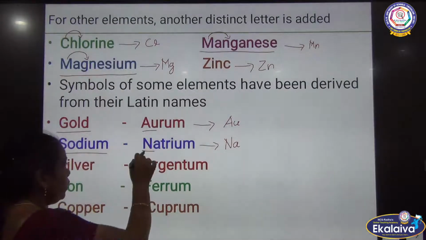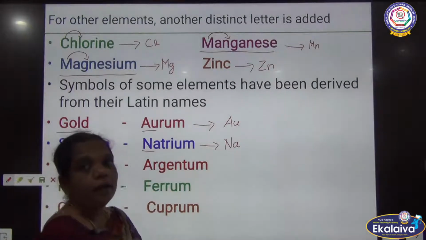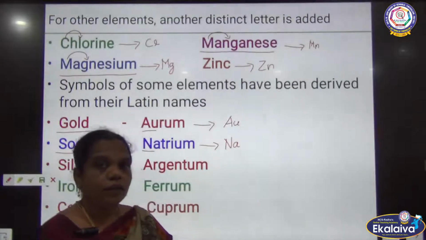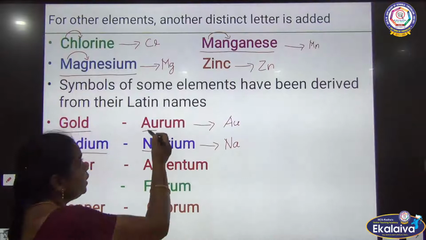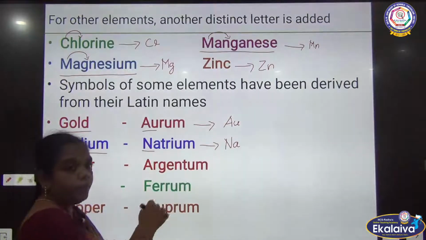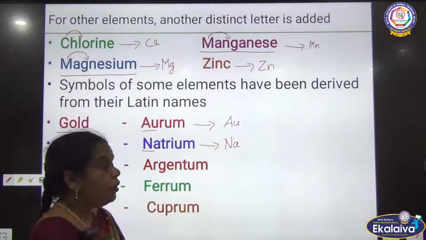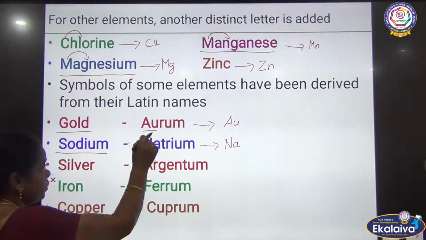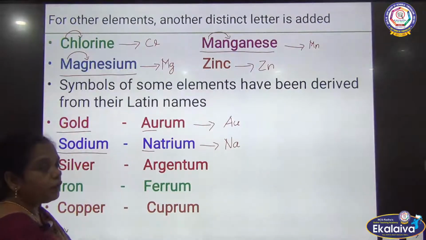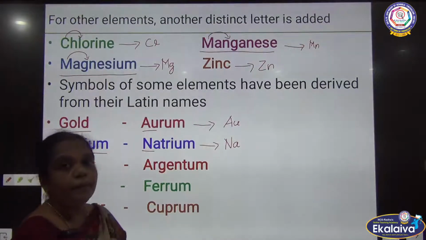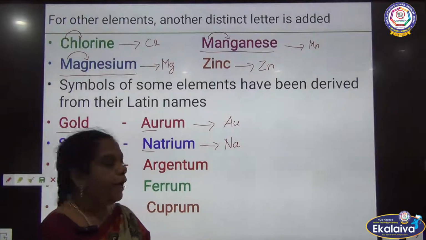Already we gave N for nitrogen, and again we cannot repeat it. So the symbol can be derived from their Latin names. Understand? So gold, aurum, Au, and sodium, natrium, Na.